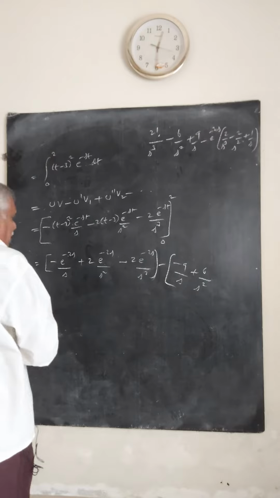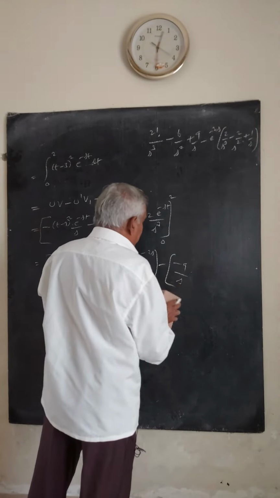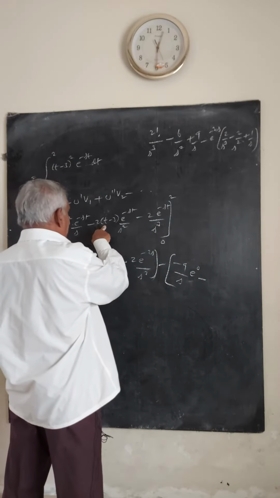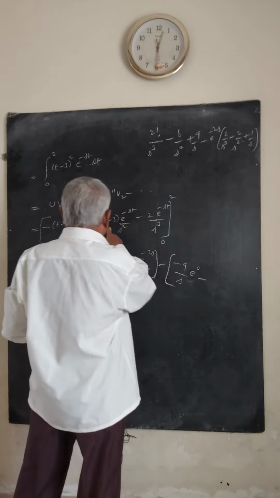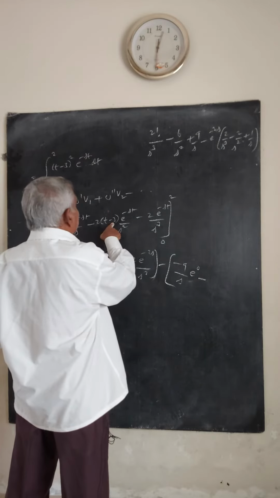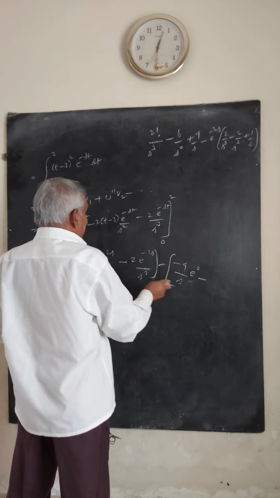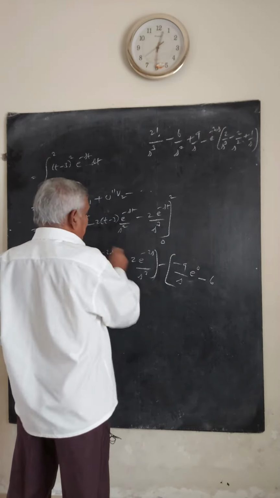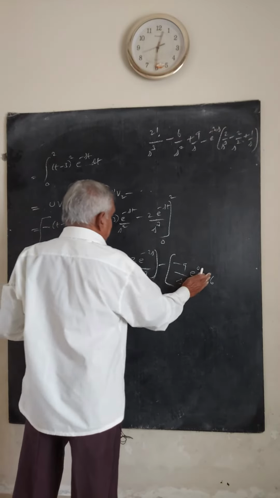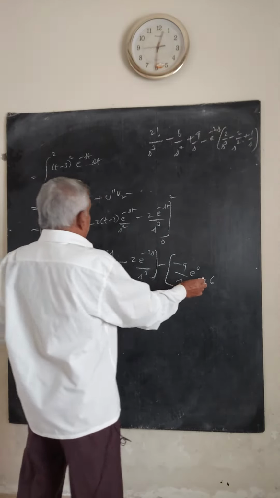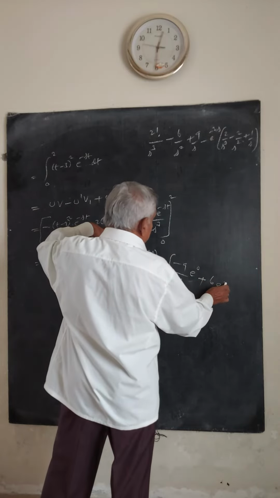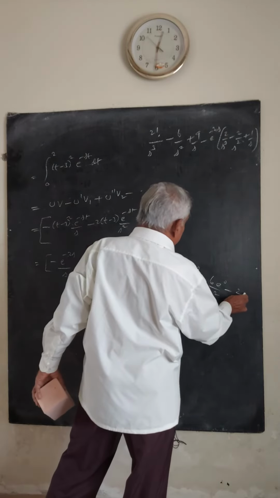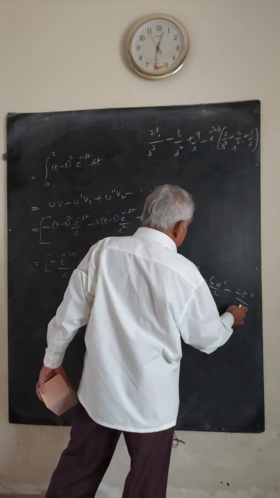Then if you give 0, minus 2 e power 0 by s cubed.